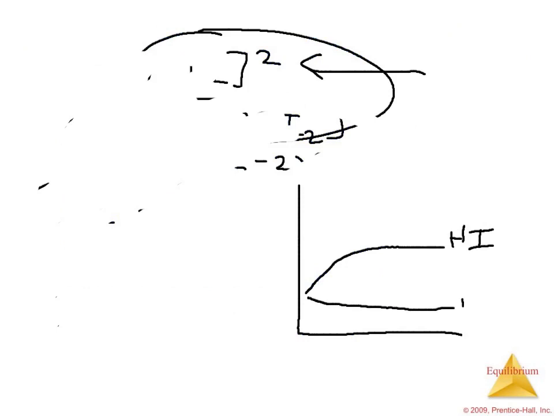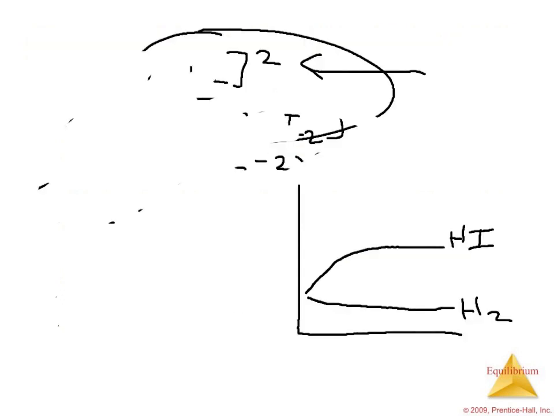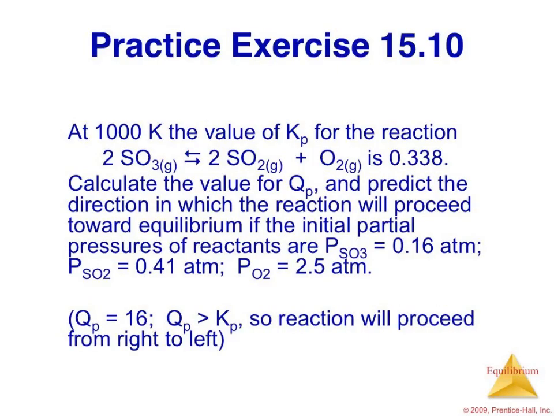Okay, so that's your H2, and then our I2 here starts out at 3 times 10 to the negative second, so that starts out with a higher amount than any of the others, but it is going to decrease as well. And again, I don't know if the ending concentrations here are exactly right, but that gives you sort of a graphical picture of what's happening in this reaction in order for it to reach equilibrium. The reactant concentrations have to decrease while the product concentration increases.